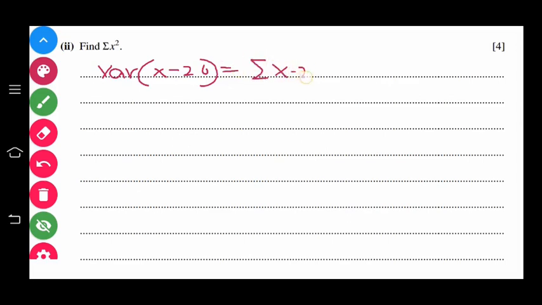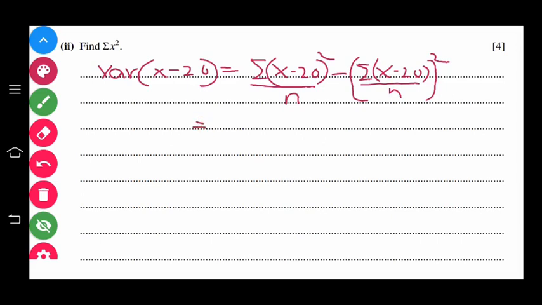Sigma x minus 20 the whole squared by n minus sigma x minus 20 by n the whole squared, which is equal to, we have sigma x minus 20 the whole squared as 2888 divided by n.